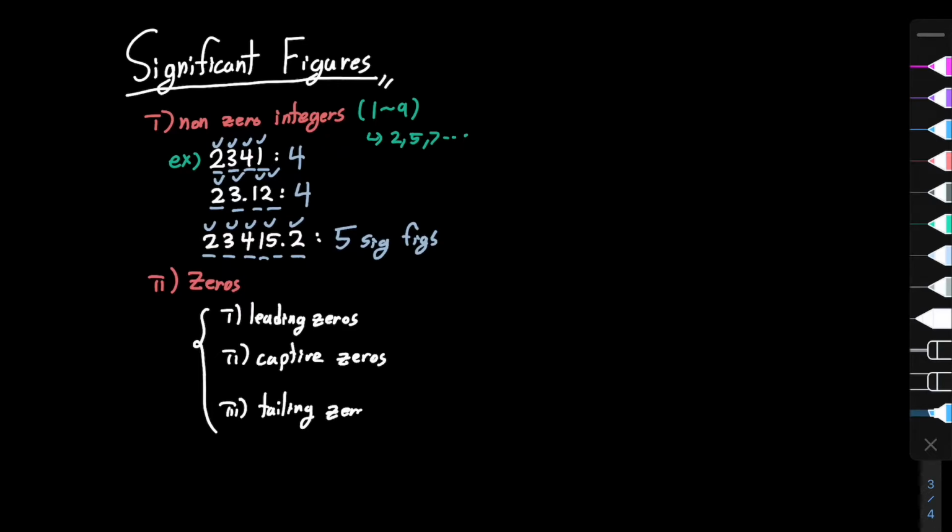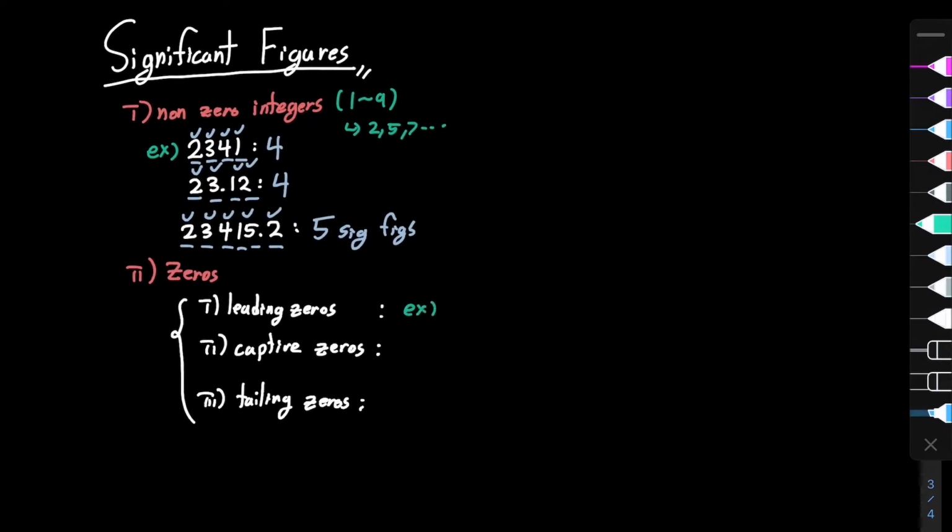Now, first of all, leading zeros. If we have an example of 0.0234, the leading zeros in this number would be the 0 here and the 0 here, because there are no integer digits in front of these two zeros, so these two would be considered leading zeros.